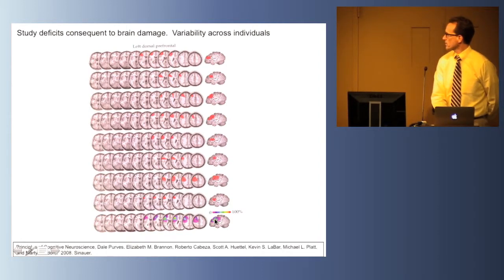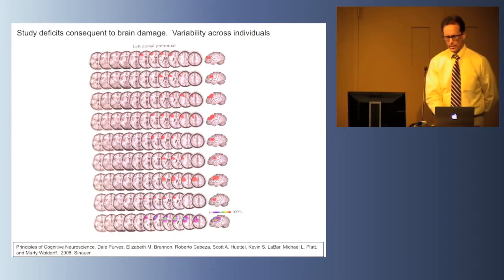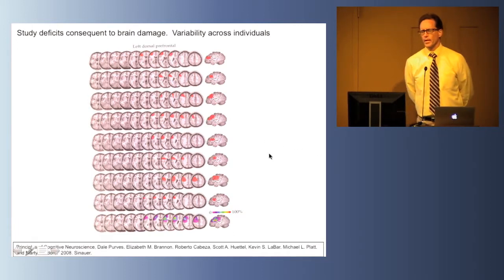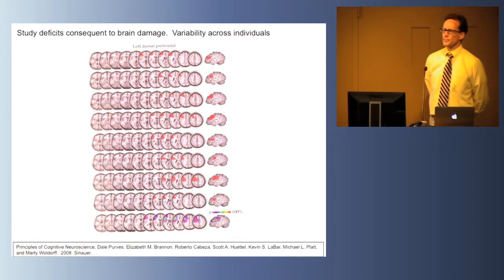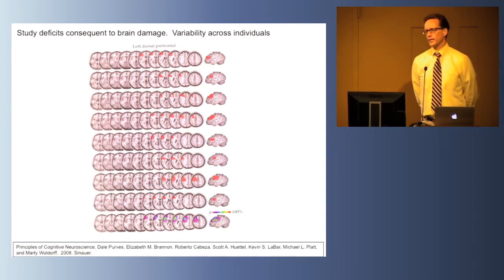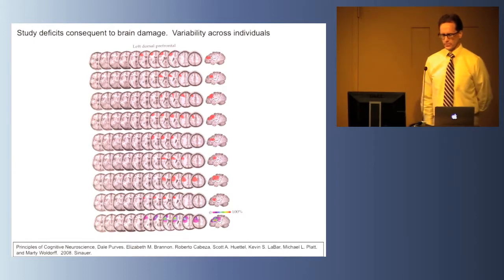But now we can look at the behavior of all these individuals and see what they have in common and relate it to the part of the brain that was damaged in that individual. Now, in a neurolaw context, typically we're dealing with one individual who's going to have their particular brain with its particular idiosyncrasies. And so we need to understand the problem of relating individuals to group averages.